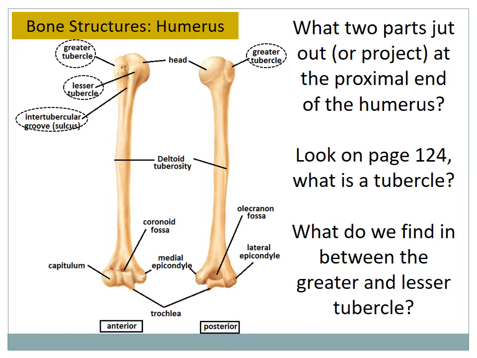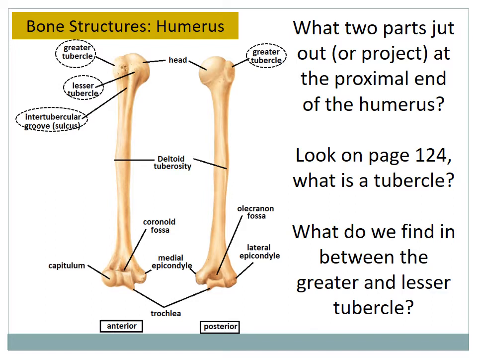If you look on page 124 of your book, you can see that a tubercle is kind of like a little jutting out of bone. It's on a lot of different areas. Unfortunately, not every jutting out of bone is called a tubercle, but on the humerus it is.